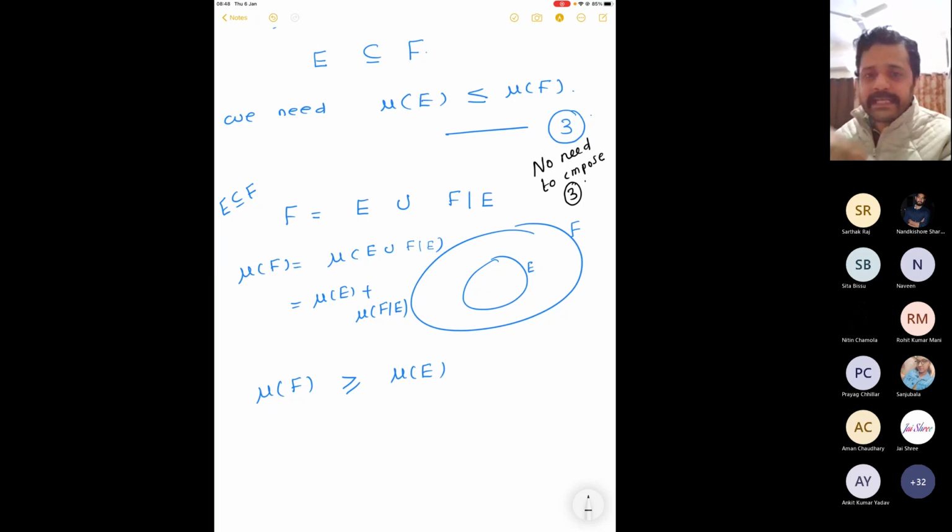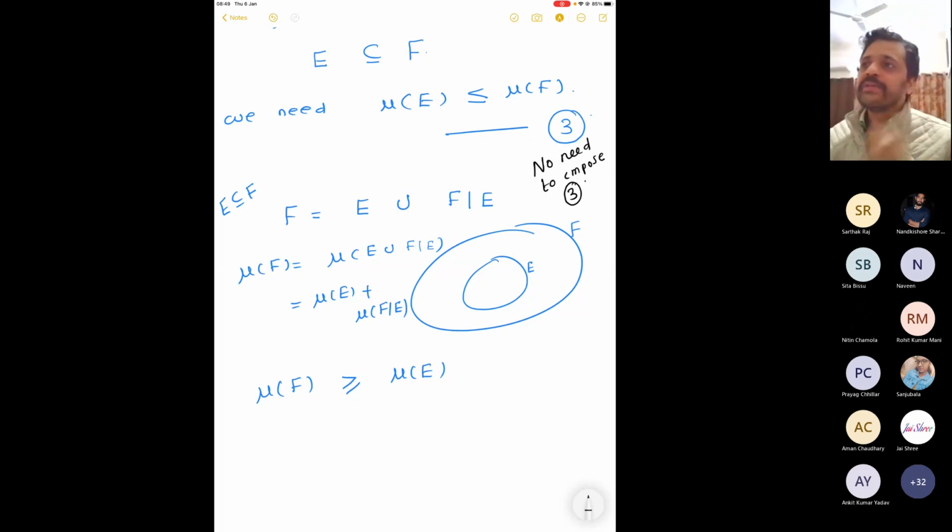So a certain thing is assumed here. What is that certain thing? If B includes two sets, I want B to include their difference also. And their difference can be written in terms of complement: F minus E is F intersection E complement, right?